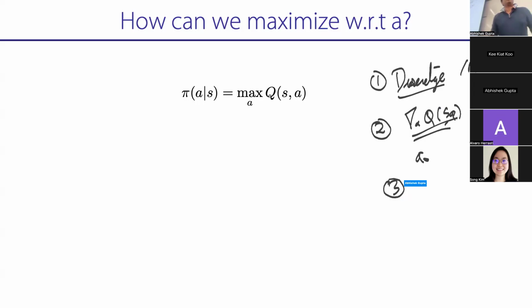What are other ideas here? The stupidest idea is just to sample a bunch of actions, just blast it with sampling. Okay, what are other ideas to be a little more clever?